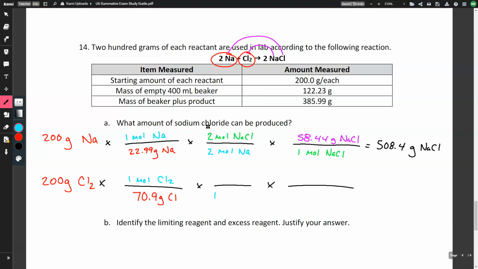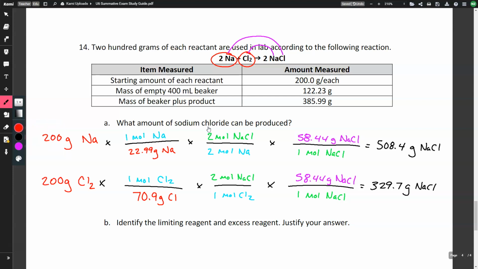Our ratio is 1 mole Cl2 for every 2 moles NaCl. And then each mole of NaCl has the same molar mass as before, 58.44 grams of NaCl. Okay, so when we do this on our calculator, we get 329.7 grams of sodium chloride.